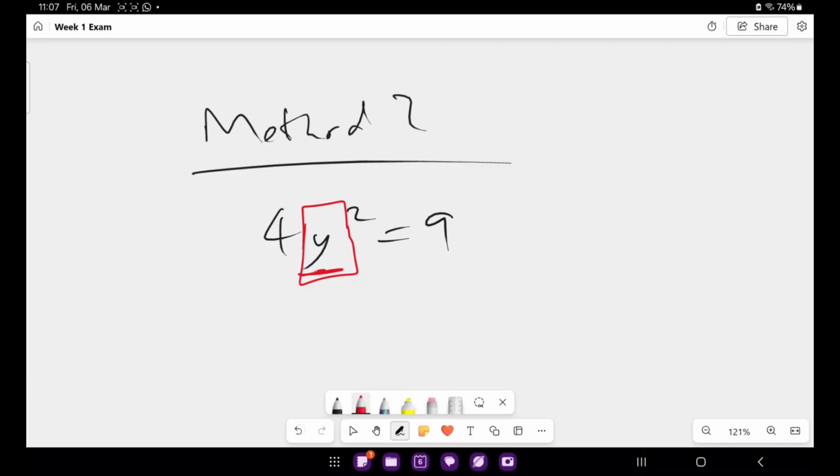So in this scenario, I would say I want to make y the subject of formula. So I have to remove 4 and I remove the squared on top.